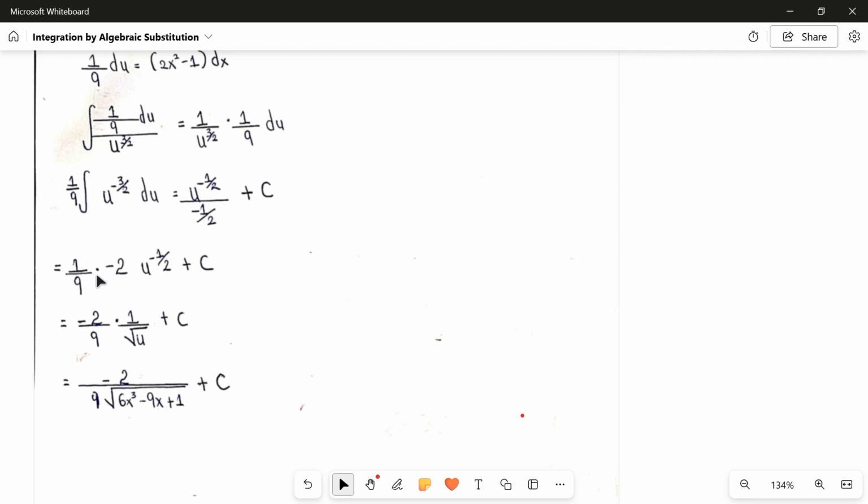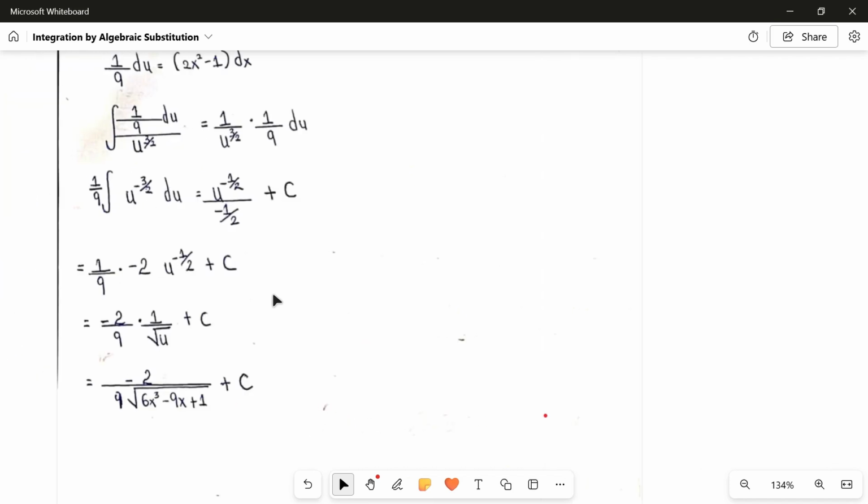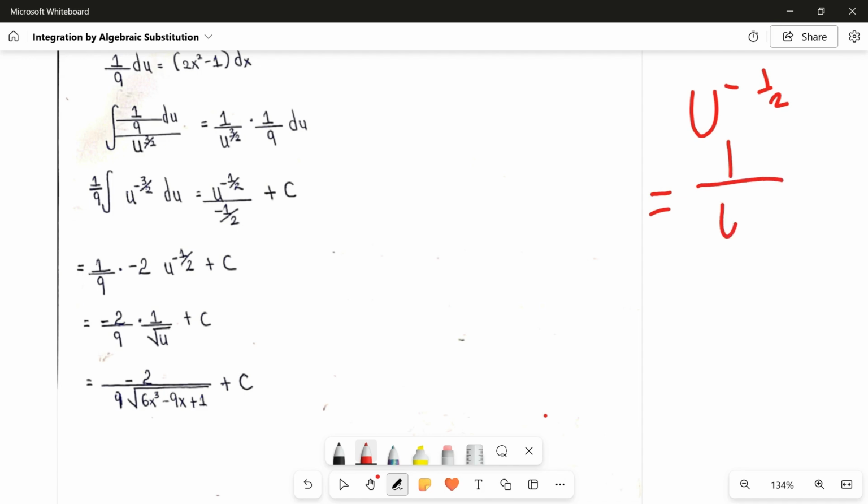So a ninth multiplied by negative 2 times u power negative a half plus c. So 1 times negative 2 is negative 2 over 9. Okay, and then another thing over here. So negative 2 over 9, and we have u power negative a half. Okay, this can be rewritten as 1 over u power a half.